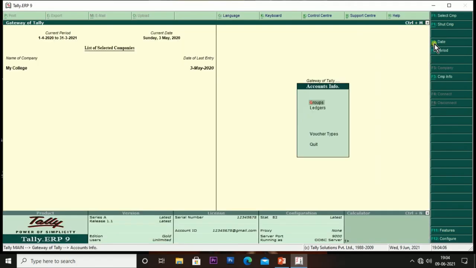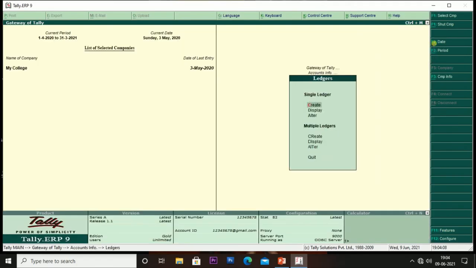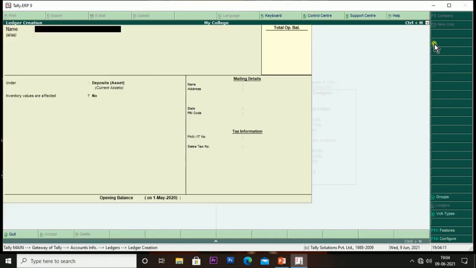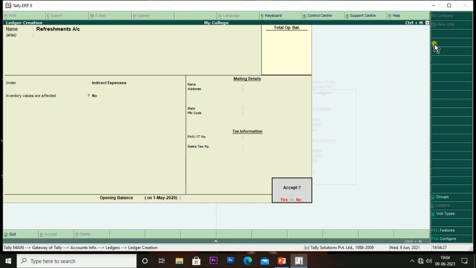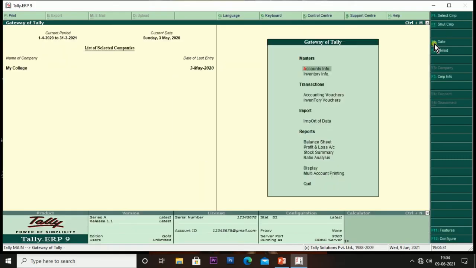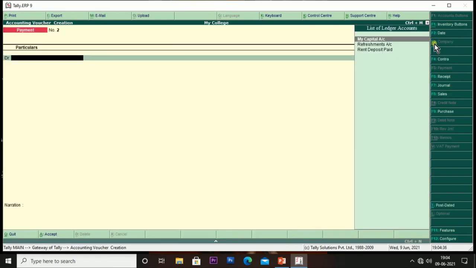Accounts Info, Ledgers, Create. We will take one more ledger called refreshments, under indirect expense. Now refreshments is created. Go to accounting vouchers. Press F5, that is payment, already active.